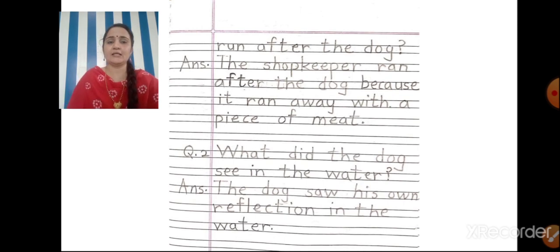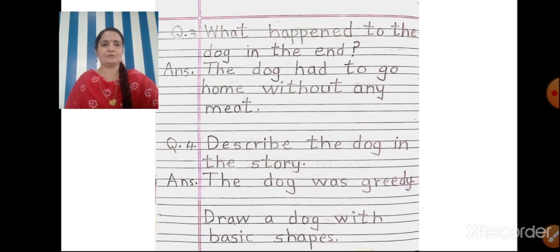Next line in the red column, write answer. The dog saw his own reflection in the water. Give full stop. Leave one line and turn the page.